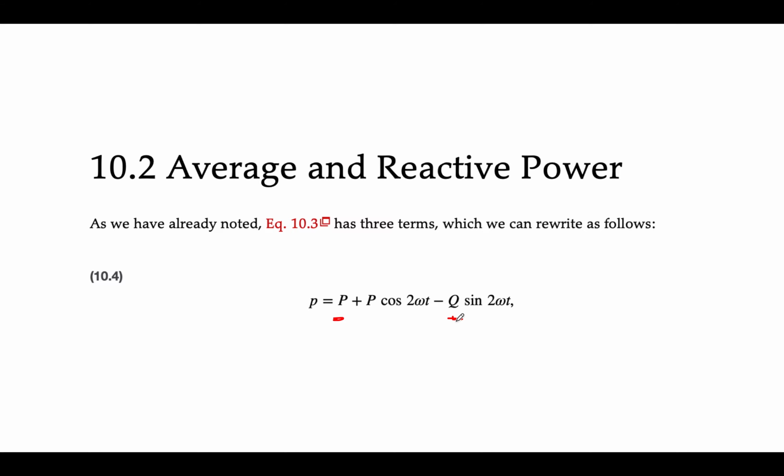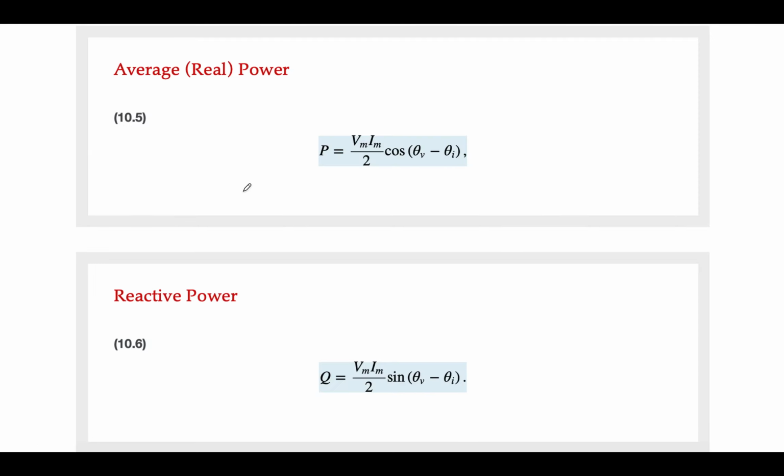So P is going to be our average power. Q is going to be our reactive power. Some textbooks will refer to average power as real power. In this textbook and in most of the textbooks that I have used, it's referred to as average power.